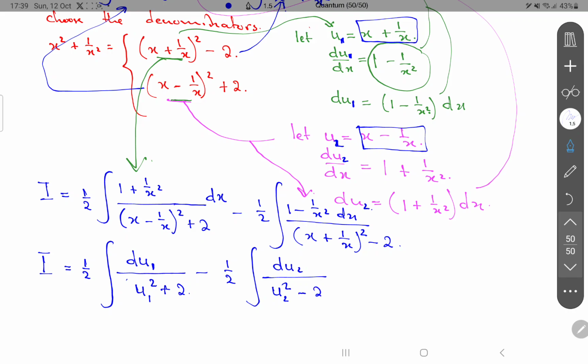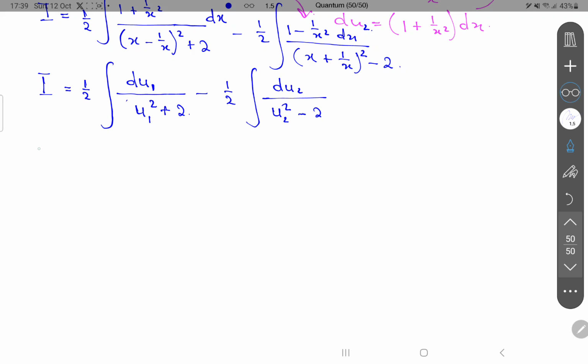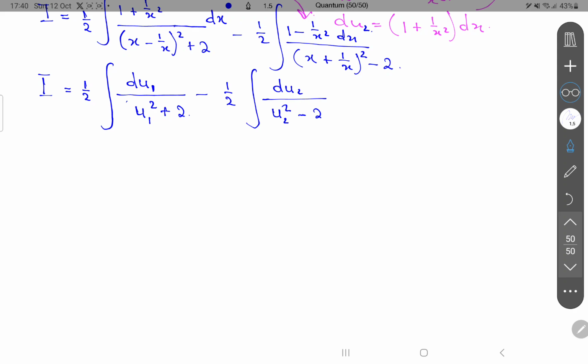So basically, the first one is easy, because it's a special integral that you look up in the identities of integration. You will discover that the first part is going to be a half multiplied by 1 over root 2, and it's going to be arctan of u over root 2. Then it's going to be minus the second one.